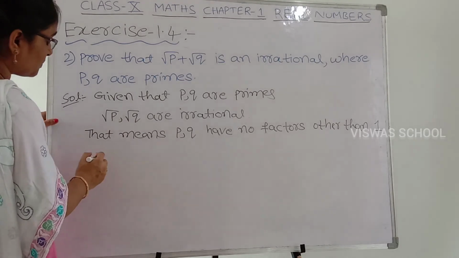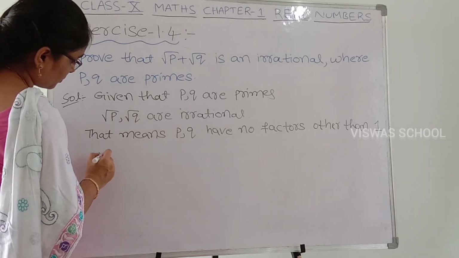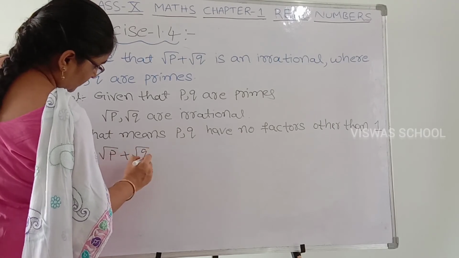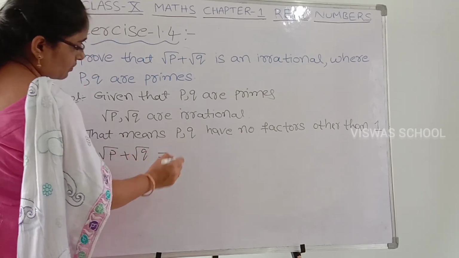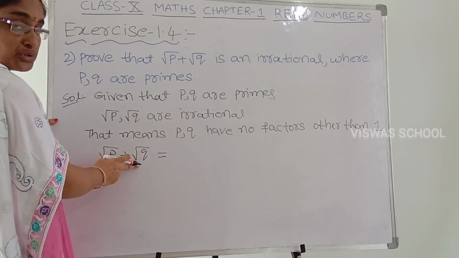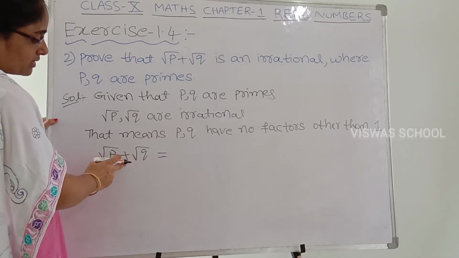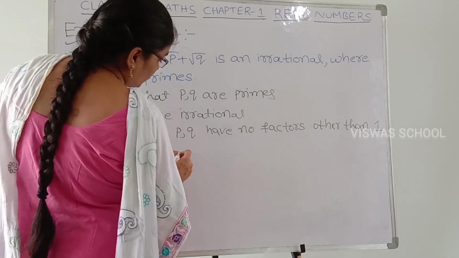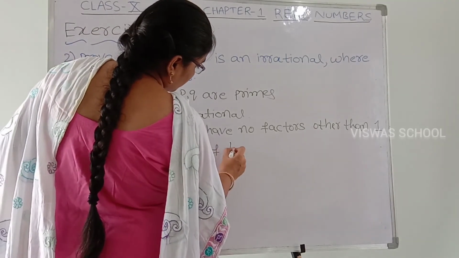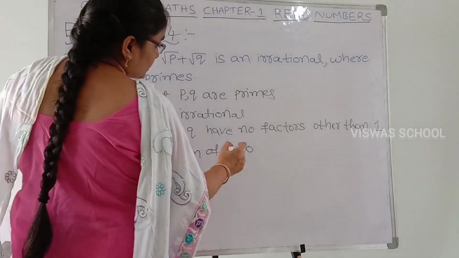That means here root P plus root Q. Root P plus root Q equals what? Root P is irrational and root Q is also irrational. That means it is the sum of two irrational numbers.